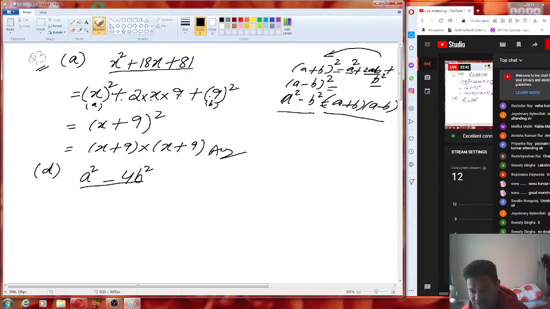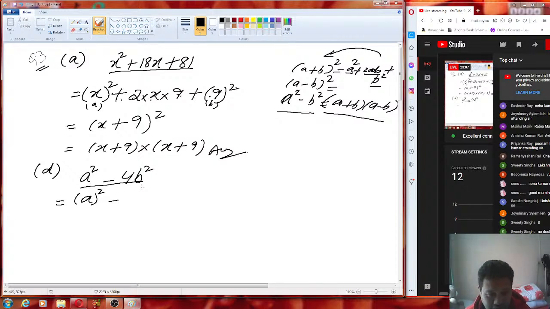So the first thing is that we have to understand what is a and what is b. So let's look into this problem. Your a square, it's already clear that it is a only, minus, and when it comes to 4b square, here is an important thing.